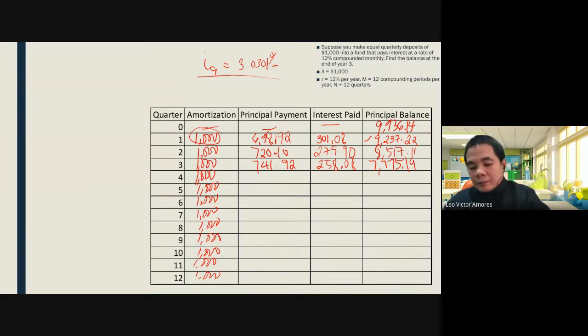So what I'm doing actually, class, is I store the value in my calculator so I don't round up or round down. The interest is 235.60, the principal payment is 764.40, and the balance is 7,010.79.